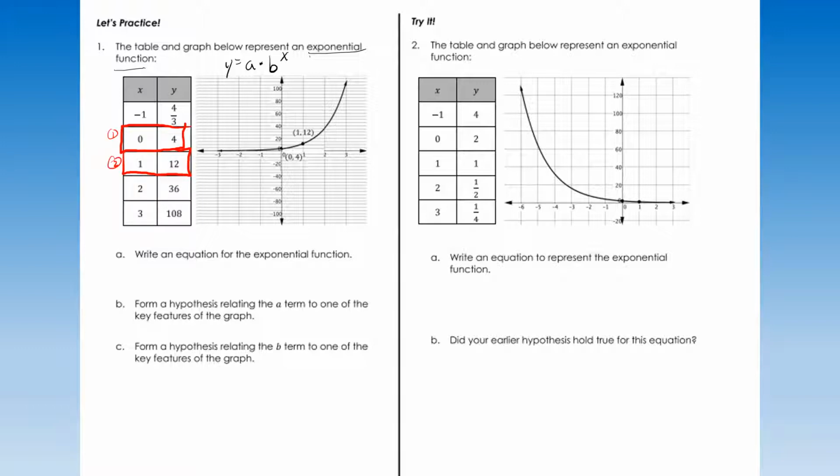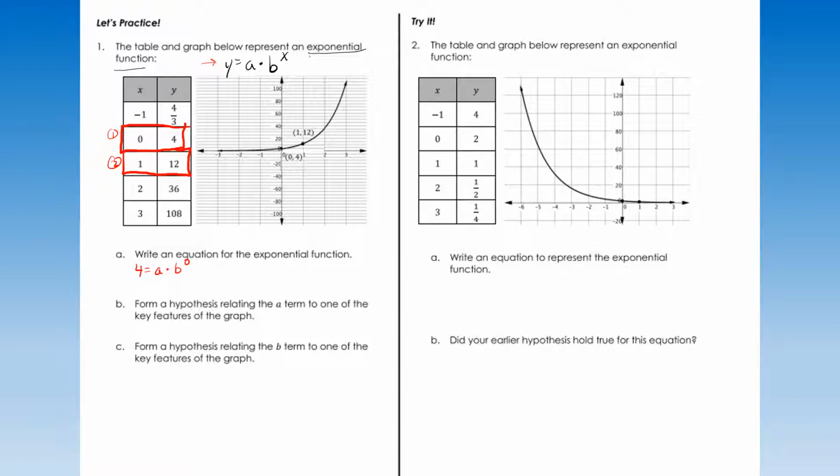So for the first point, we want to take y equals a times b to the x. Right? So we use our equation, and we're going to replace x with 0 and y with 4. So if y is 4, I can say 4 is equal to a times b to the 0 power.